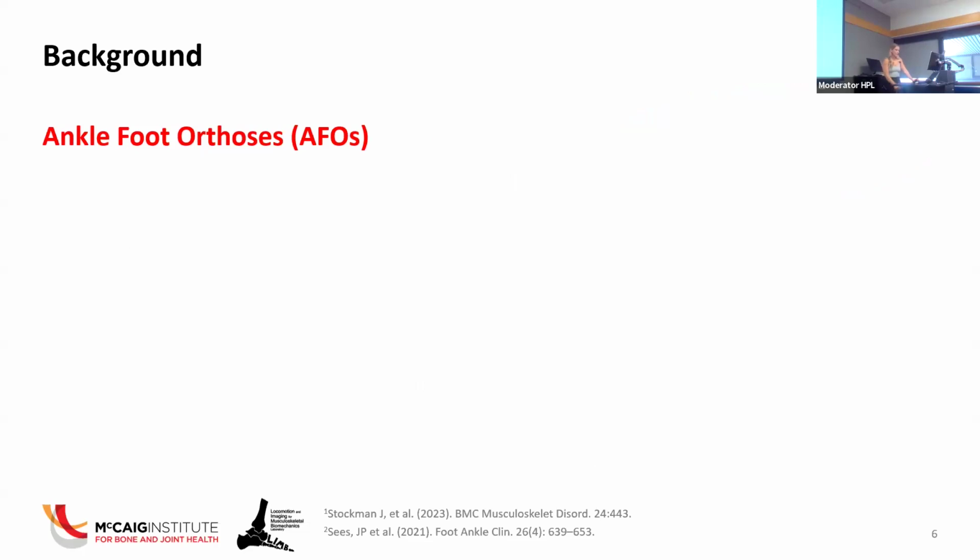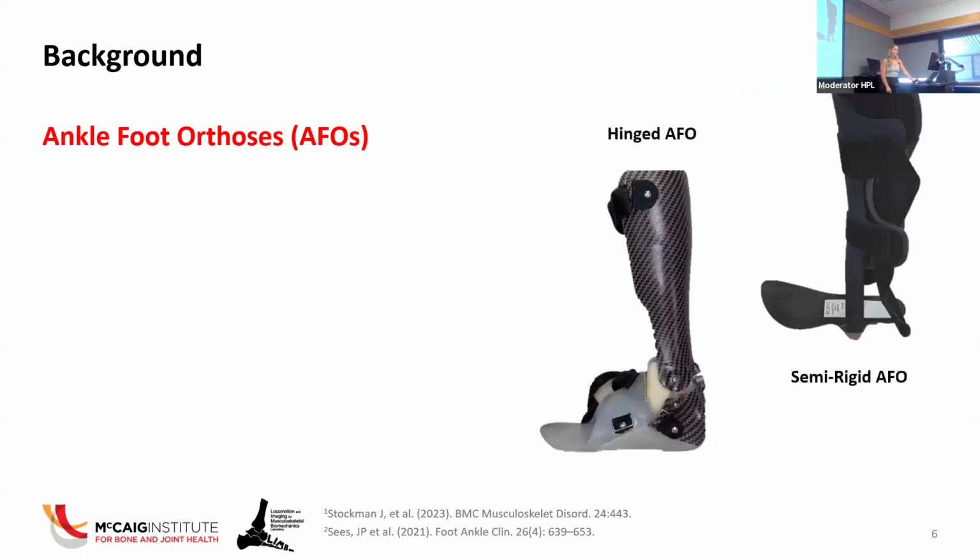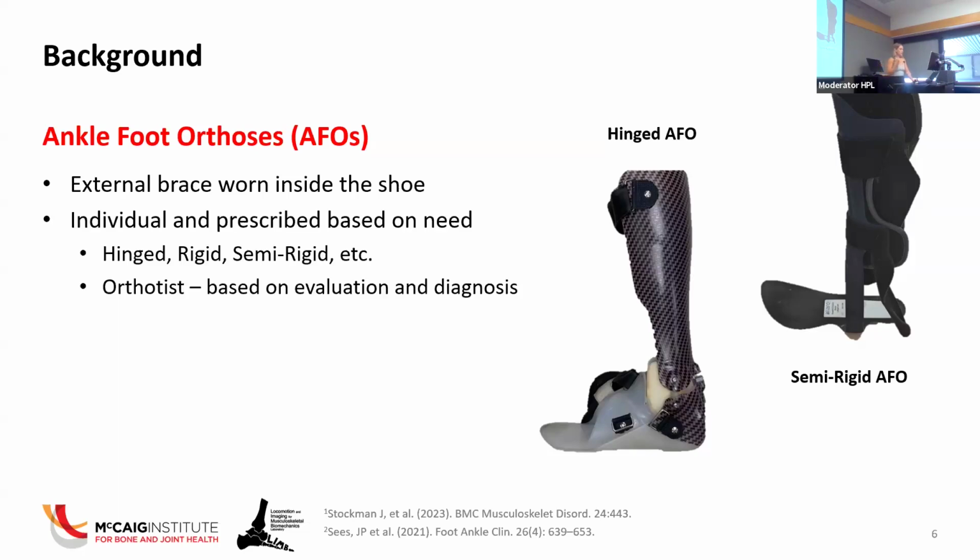And for this, we can use ankle foot orthoses, or AFOs. And an AFO, as we see on the right here, is an external brace that is worn inside of the shoe. We have an example of a hinged AFO in that purpley gray color here, and a semi-rigid AFO in the black. And they have different purposes depending on the individual's prescription. So these braces are individualized and prescribed based on need.